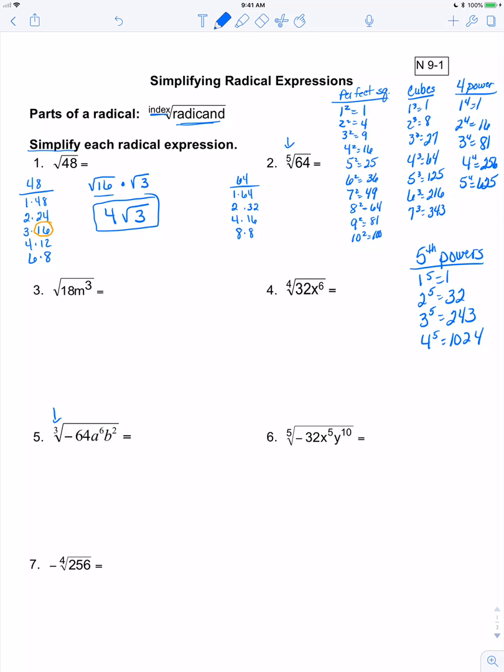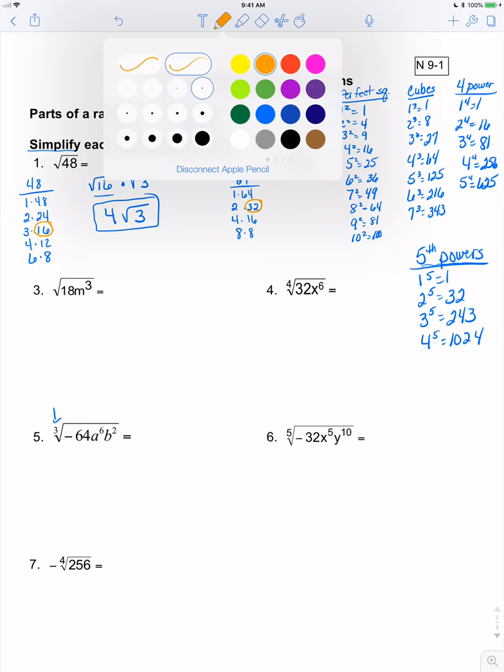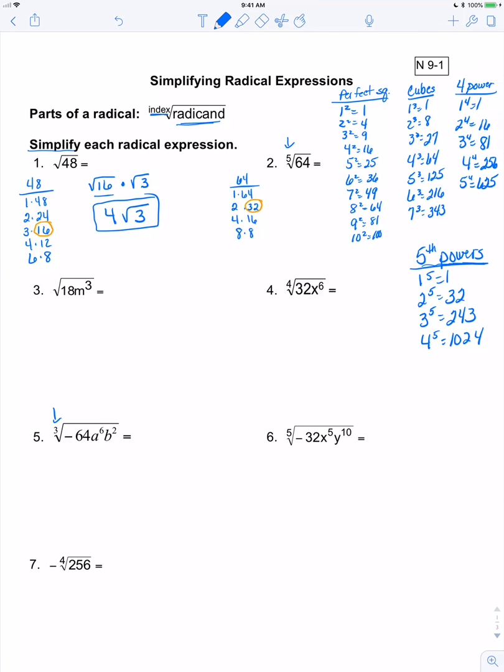Okay, well remember, we're looking at the 5th powers over here. So we see the number 32 is in our 5th powers. So the 5th root of 64 is also the 5th root of 32 times 2. Well, the 5th root of 32 is 2, so we've got 2 5th roots of 2. Simplified.